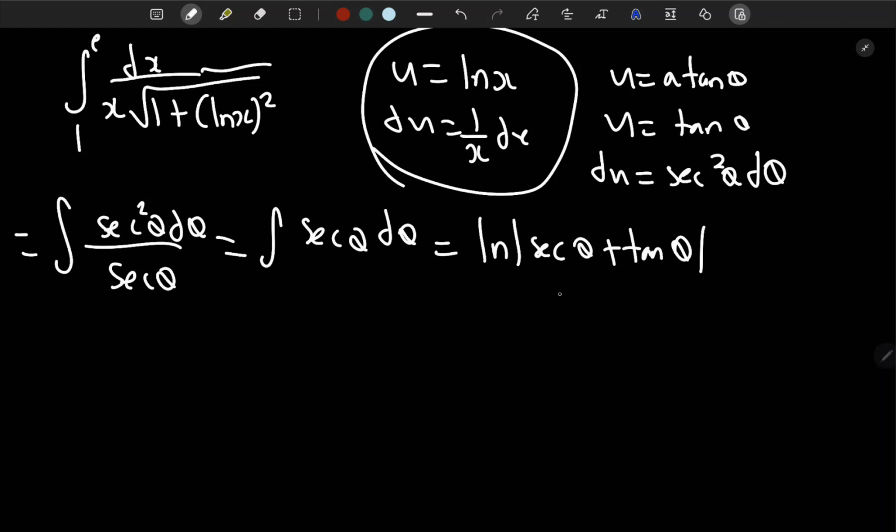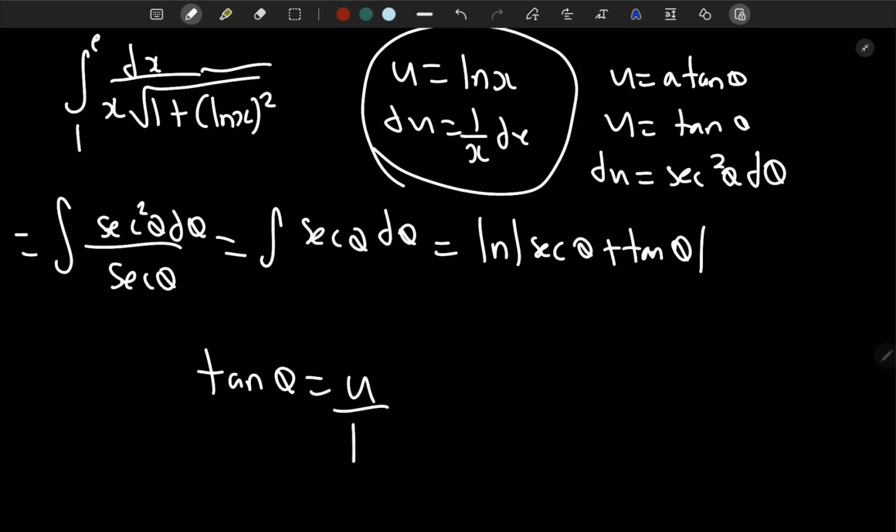And now we need to go back to our x here. So first step again is to draw our triangle here, and we know that tan delta is equal to u. So let me write it over here, tan delta is equal to u, so that means opposite.